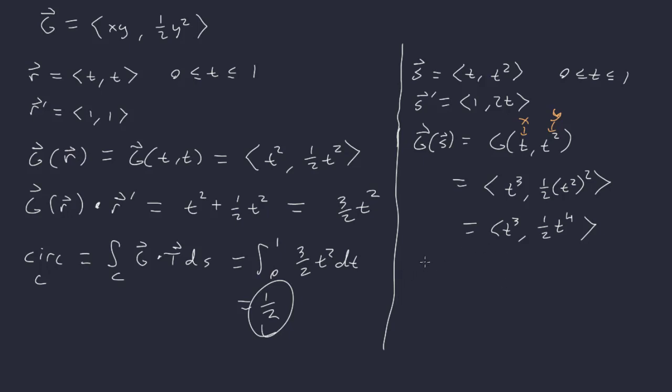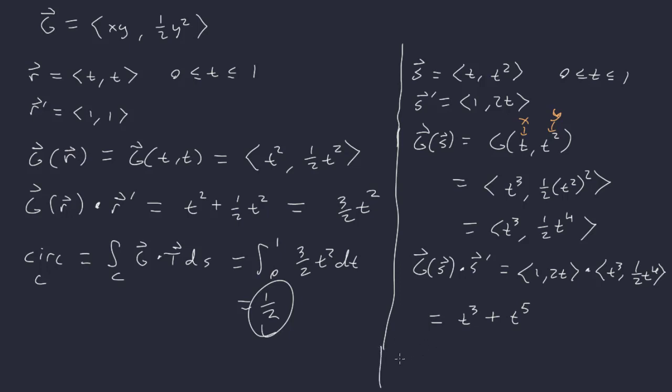All right, when we dot this, it's going to be 1 comma 2t dotted with t cubed. I didn't do that in order, but thankfully for the dot product it doesn't actually matter that much. So we'll get t cubed plus, the 2's will cancel, and so we'll get t times t to the fourth, so it will be t to the fifth.